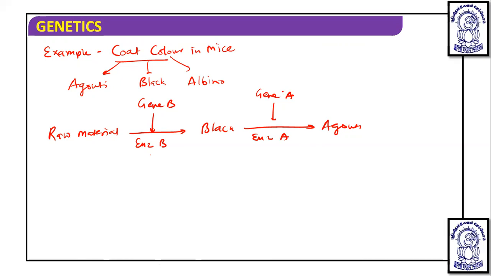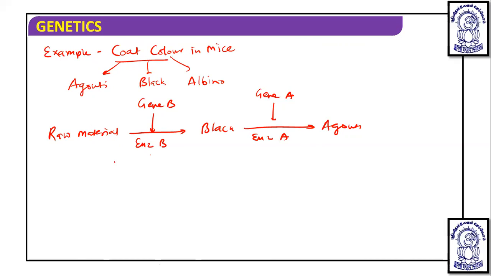When it is in recessive form, no enzyme will be produced. And the same with enzyme B: when gene B is functional in dominant form, then the enzyme will be produced. If it is a small b, then no enzyme will be produced. Okay, so here in recessive epistasis, the genes A and B are there.